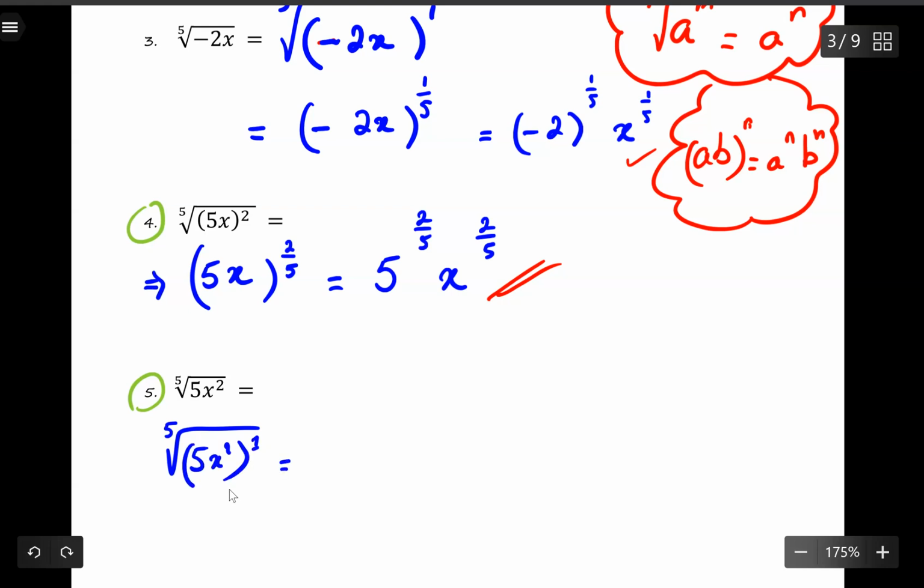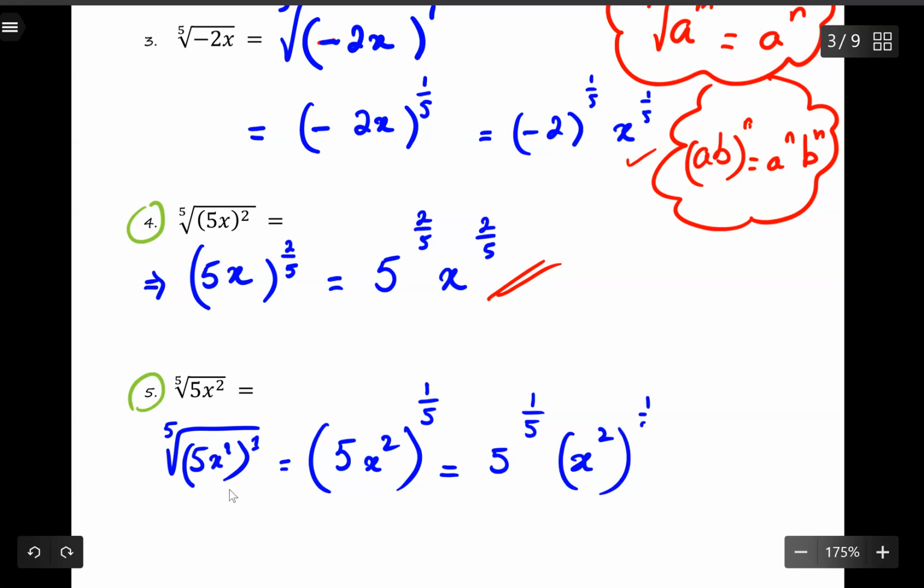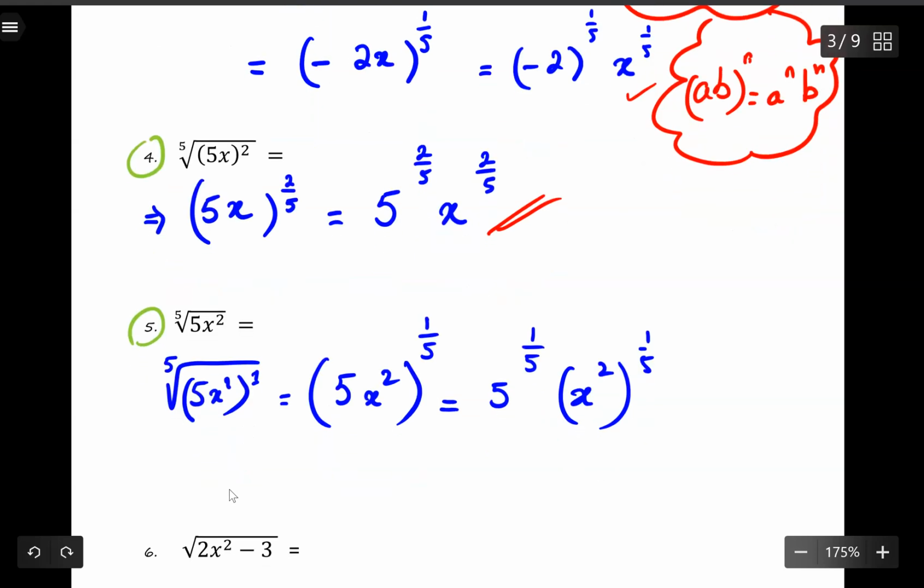To make things easier for me, I will write it as 5x squared, all of it raised to the exponent 1 over 5. Now I will raise each of these to the exponent: 5 raised to the exponent 1 over 5, and x squared raised to the exponent 1 over 5. So I should have 5 to the exponent 1 over 5 times x raised to the exponent 2 over 5. You see the difference between these two?